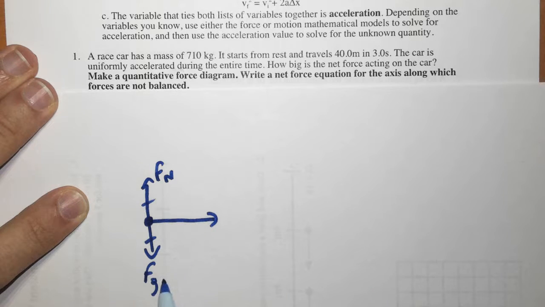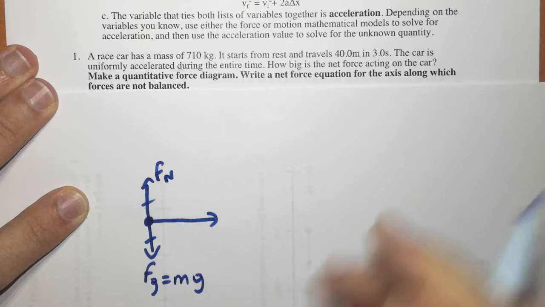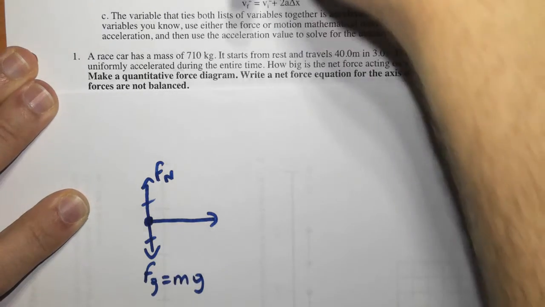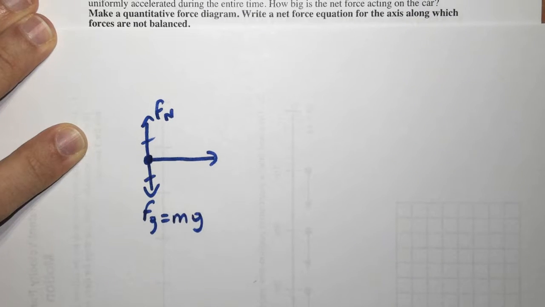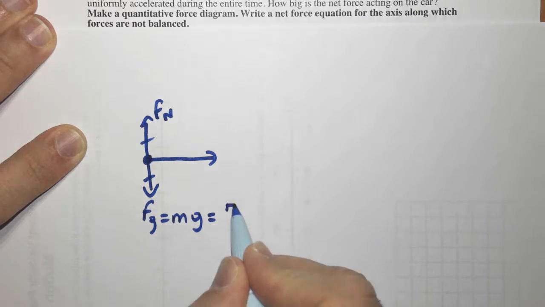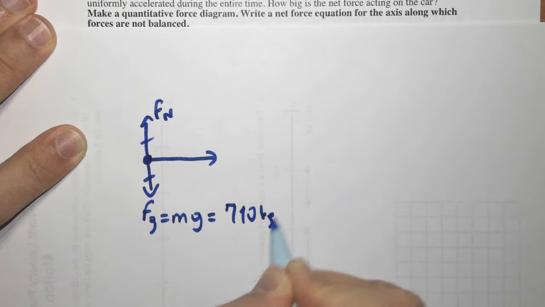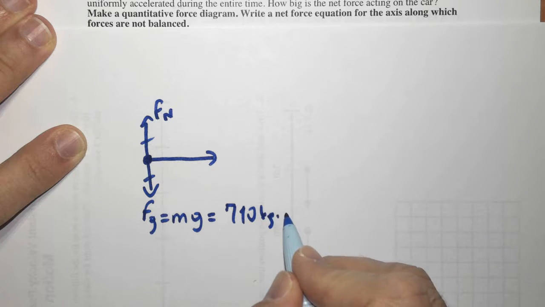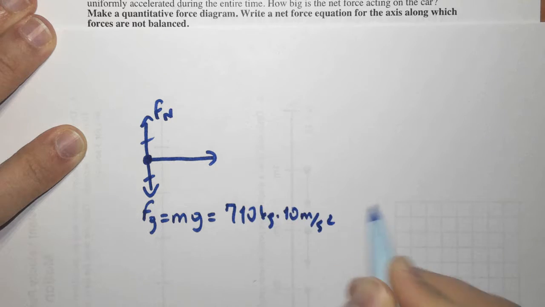Right now let's find them. Fg is m times g, right? So let's write this one down. Mass is 710 kilograms, and gravitational acceleration is 10 meters per second squared.